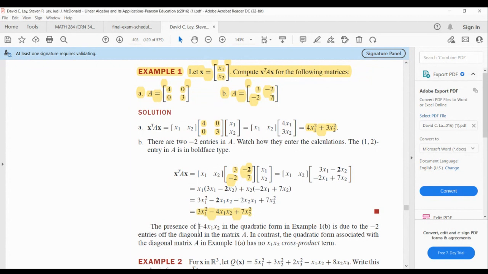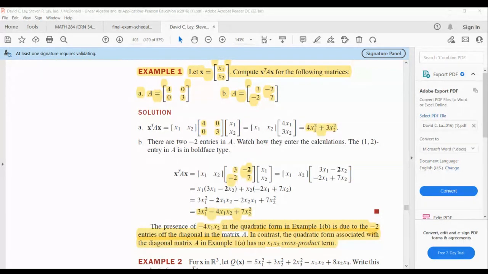The presence of that is due to the -2 off the diagonal entries. In the first matrix, where you had a strictly diagonal matrix, there was no cross product term.